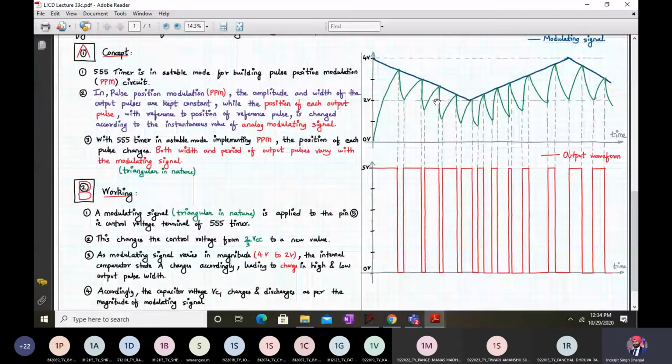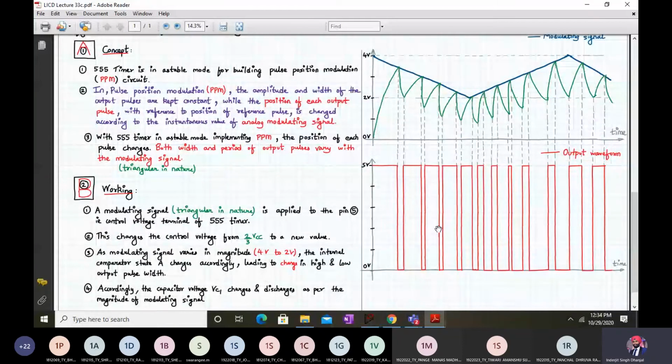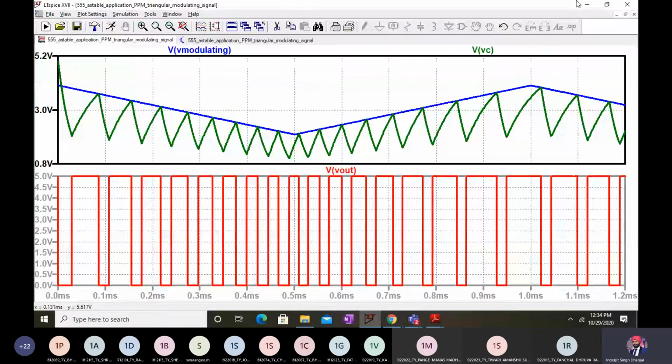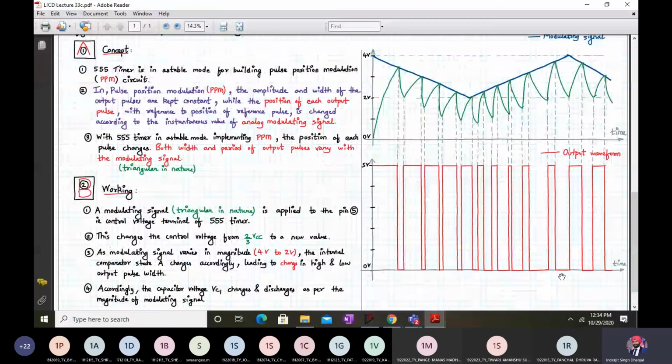So these are the waveforms which you have to draw when you're given this. One basic difference is that in LTspice, it is assuming that the capacitor is already pre-charged to 5 volts, and here in the discussion we are going from 0. That's the only difference. Rest all is the same.